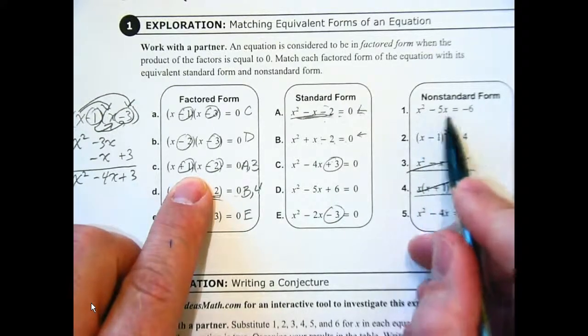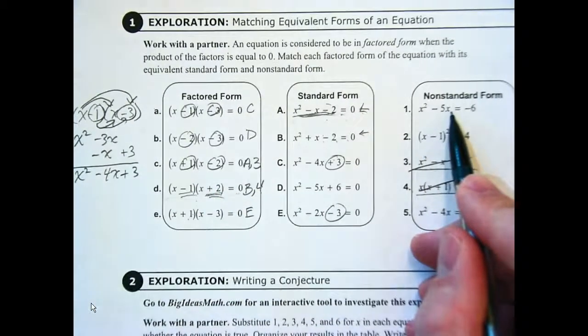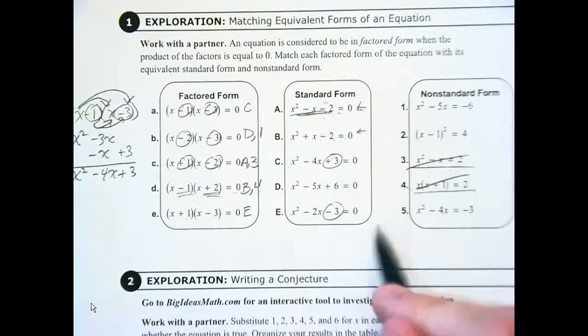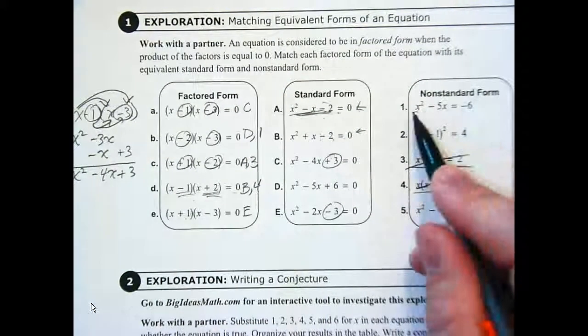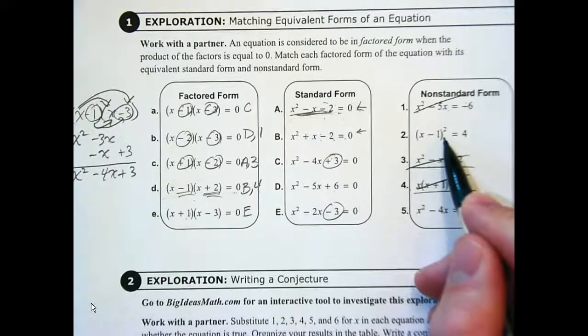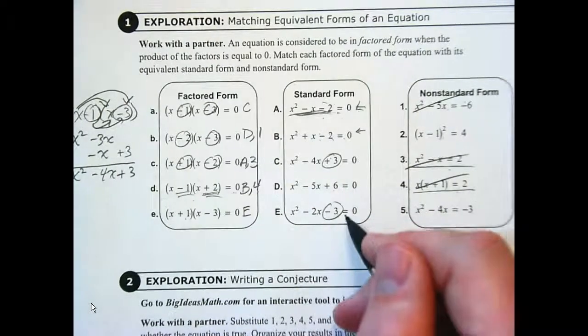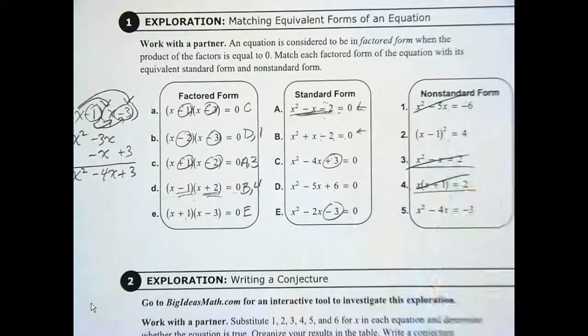1 goes with D. Okay, it has the negative 6 in it. And 2 goes with? Yep. 2 goes with Ooh, that one's tougher. Let's come back to that one.